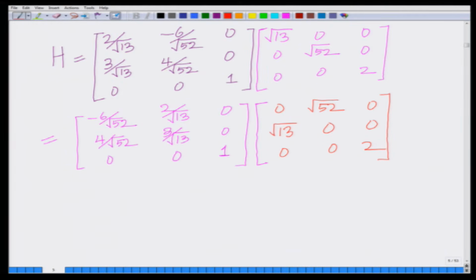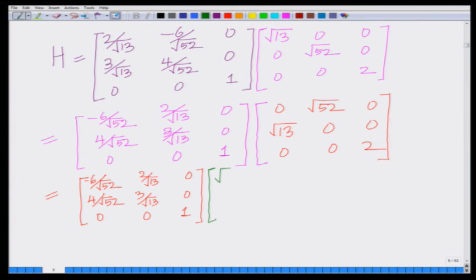I want to swap columns 1 and 2, which means I can write this as the following thing: minus 6 divided by square root of 52, 4 divided by square root of 52, 0, 2 divided by square root of 13, 3 divided by square root of 13, 0, 0, 0, 1 times.